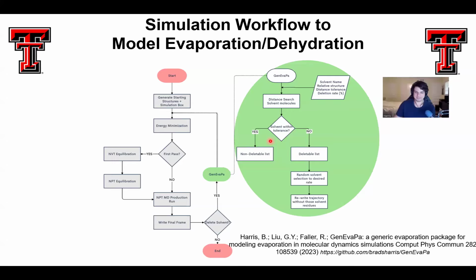We typically remove at most 5% of solvent at a time, and towards the end, only 1% of solvent at a time. So to dry one box, you need about 30 simulations. For one data point, you need 30 simulations. That means we had to run essentially workflows of workflows.